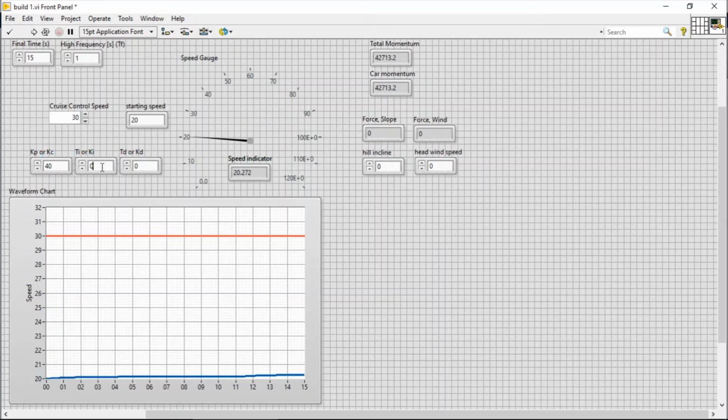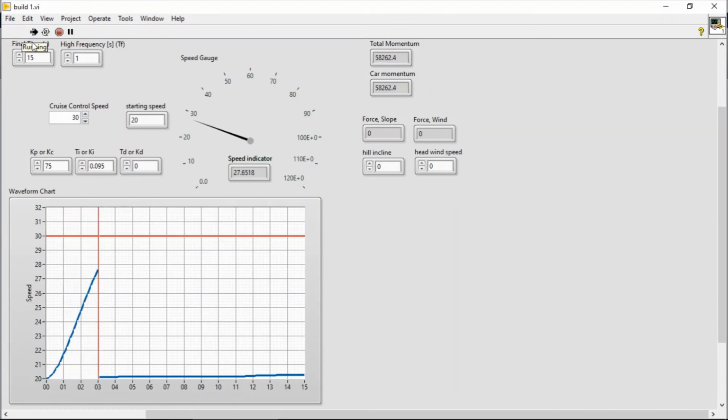So what I ended up finding was a time interval for this one of 0.95, and this I left at 75. When ran, here you go, just shy of 31.5.